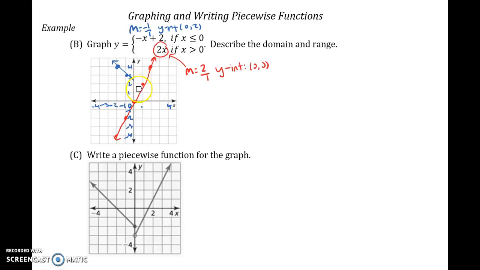So I want to erase everything here that is positive, and then I want to take a look at the sign, and this means I want a closed circle. So I'm going to go ahead and make sure that's a closed circle at 0, 2, and this should be the piece of just that blue top line on my piecewise function.